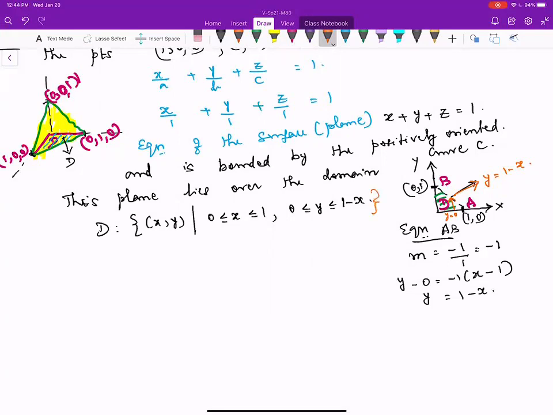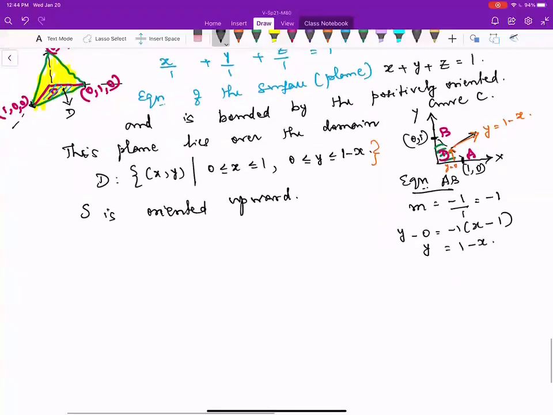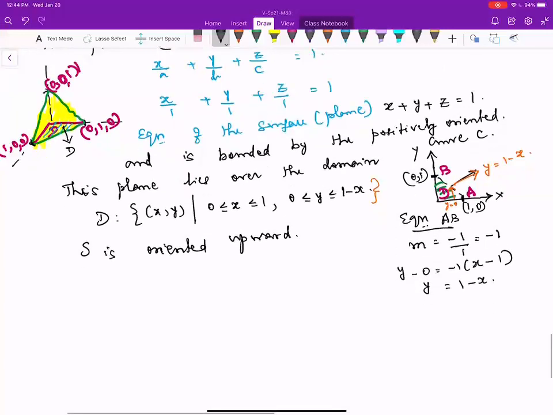So that is the domain over which this planar surface lies, and C is given to be oriented counterclockwise. So we orient S upward. We make sure all the requirements of Stokes' theorem are satisfied here. Now, what is z? The surface is given in this explicit form here.